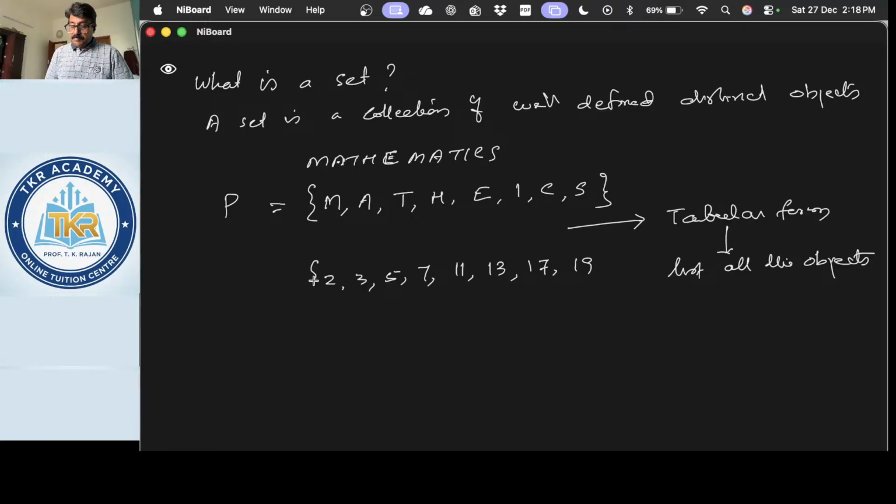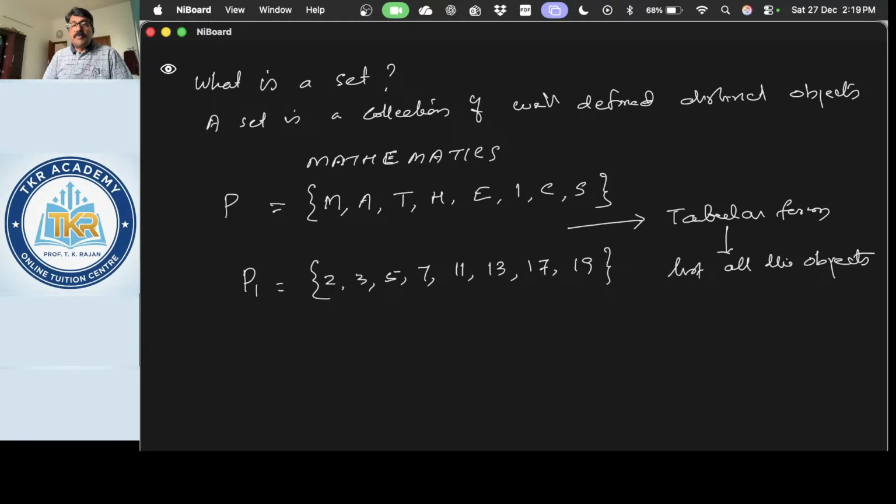So these are the prime numbers less than 20. So I will call it P1, the set of all prime numbers: 2, 3, 5, 7, 11, 13, 17, 19. The set of all prime numbers less than 20. So this is a set. So there are various types of sets like this you can see in our daily life.